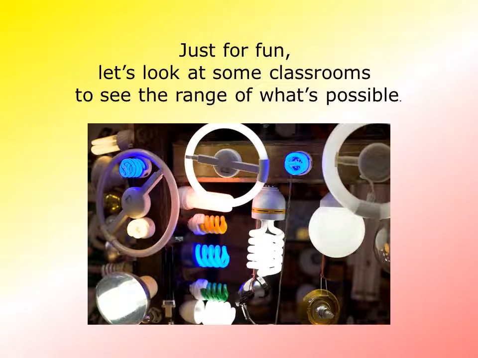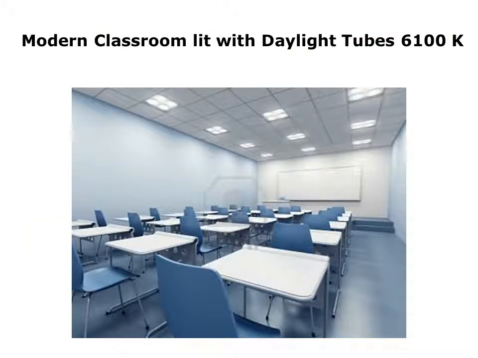So just for fun, let's look at some classrooms to see the range of what's possible. And these are just classrooms that I went out and photographed in most cases. All right, here's a modern classroom lit with daylight tubes at 6100 Kelvin. And as you can see, the walls are white, but they don't look white, they look blue.